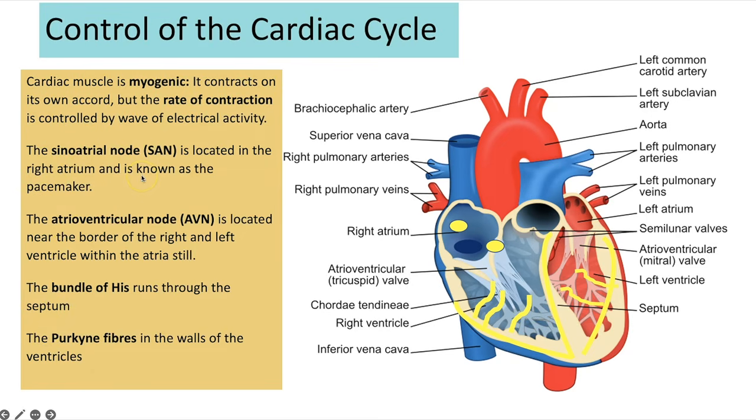So the SAN releases the wave of depolarisation, which is the electrical activity. The AVN can then transport that wave further, down the bundle of His and the Purkinje fibres. And when this electrical activity or depolarisation touches cardiac muscle, it causes it to contract.